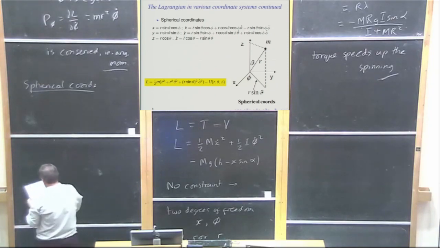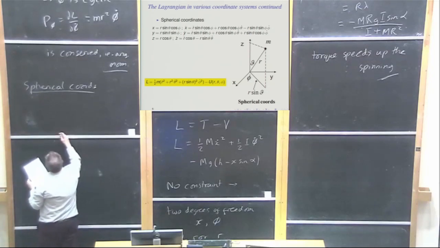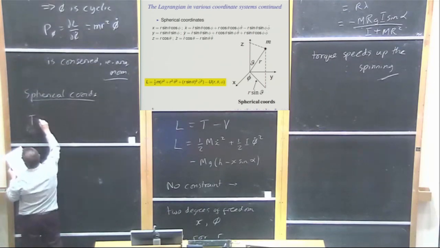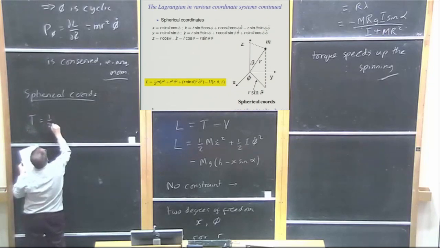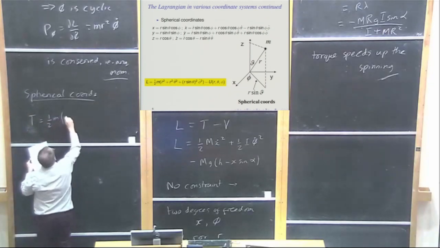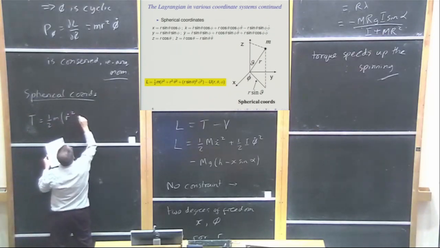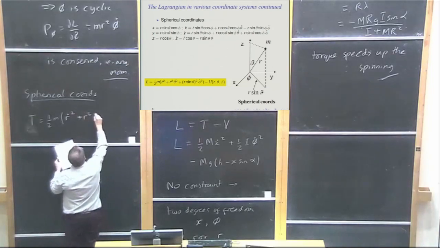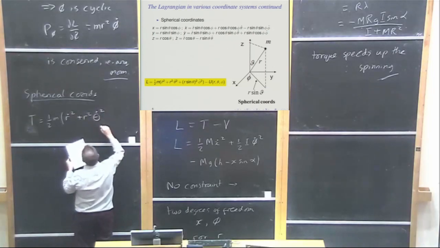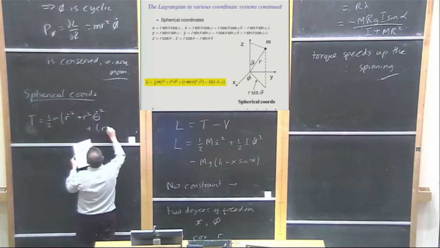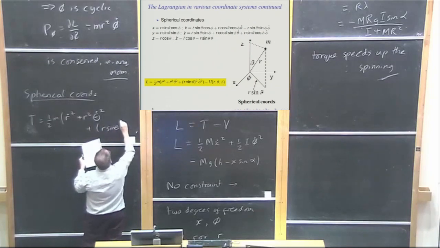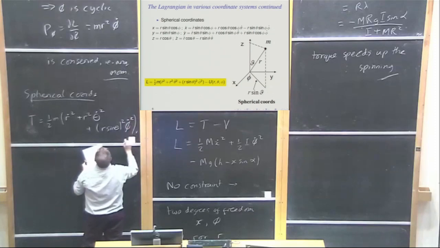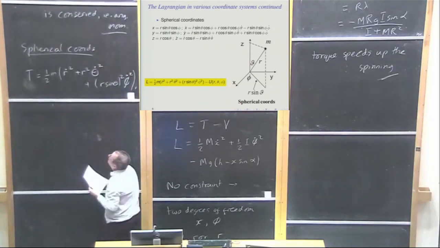And then if you substitute in, you find that T equals a half m (r dot squared plus r squared theta dot squared plus r squared sine squared theta phi dot squared). And you'll forgive me for not showing that, but it's not very difficult.